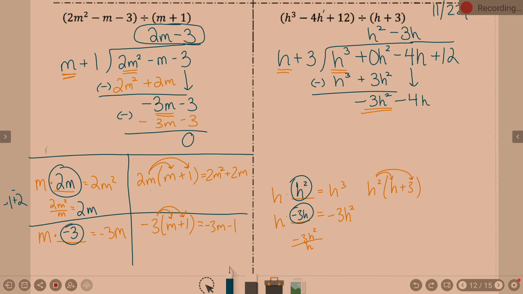And so now we're trying to figure out negative 3h times h plus 3.